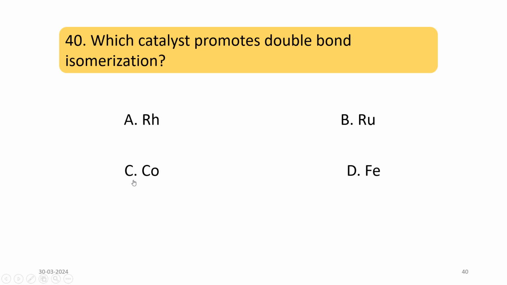The answer is cobalt. Cobalt significantly promotes double bond isomerization.